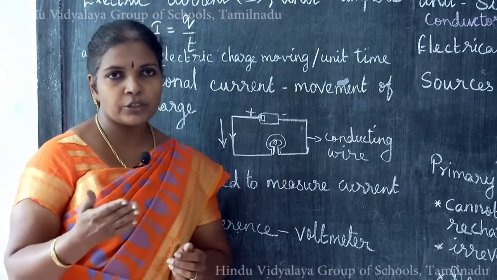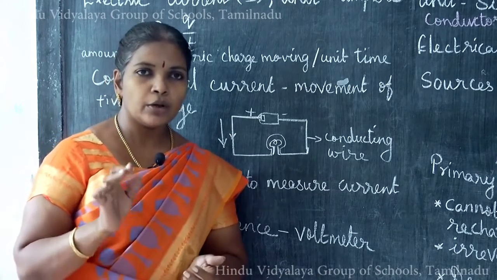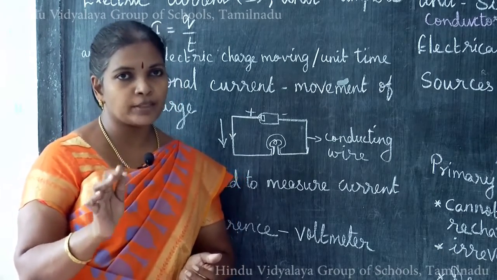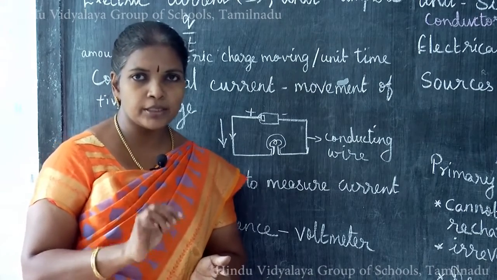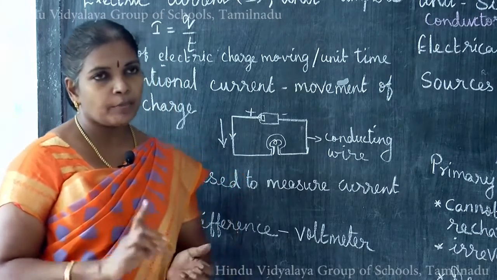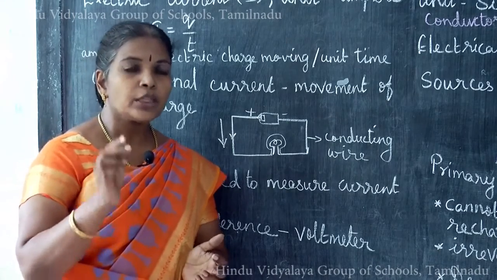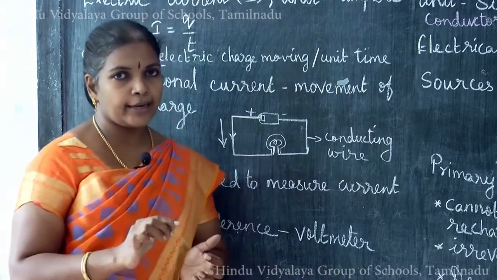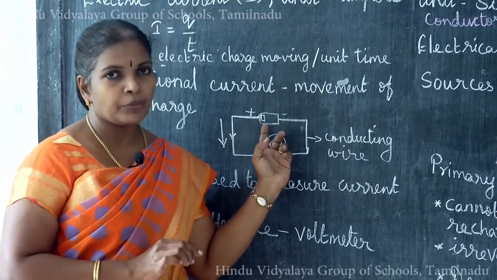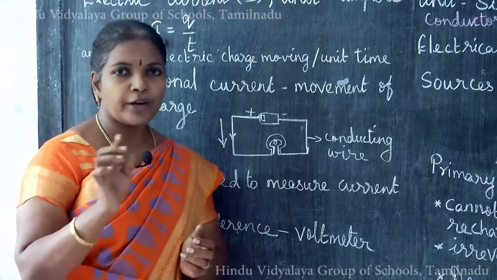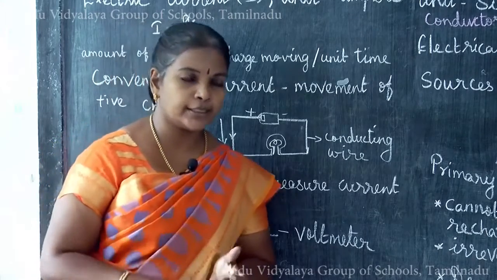Before the invention of the electron, scientists explained that it is due to the flow of a positive charge, and this movement of positive charge is termed as conventional current. But later scientists explained that it is due to the flow of electrons, and electrons move from the negative terminal to the positive terminal. Therefore, the direction of conventional current and electron flow are opposite to each other.